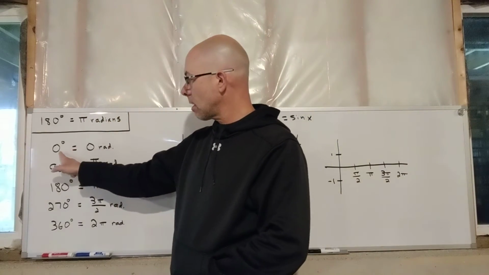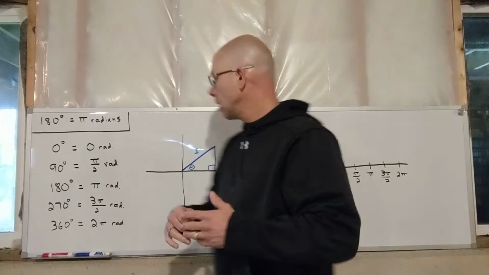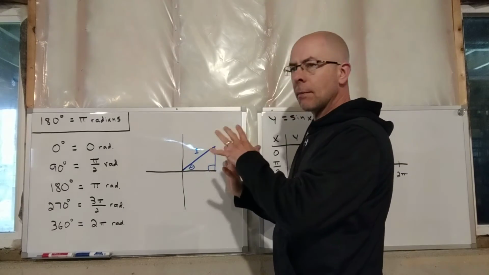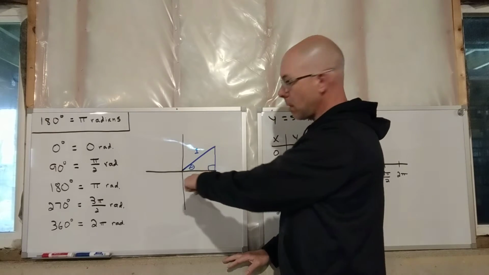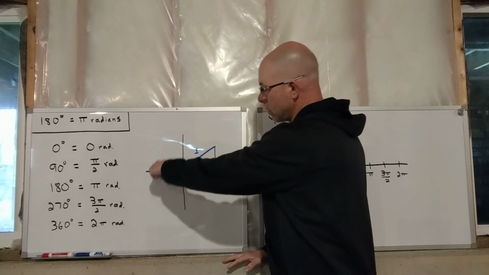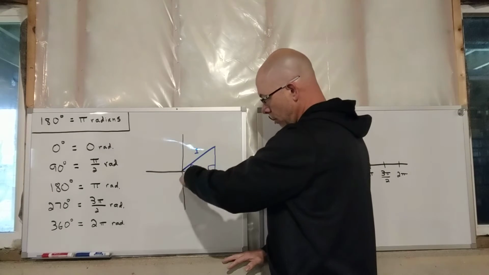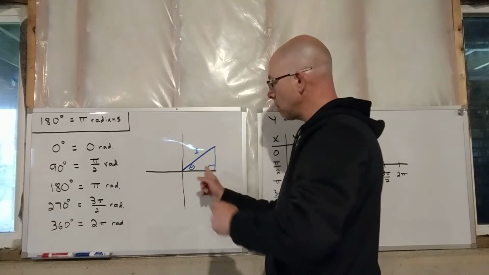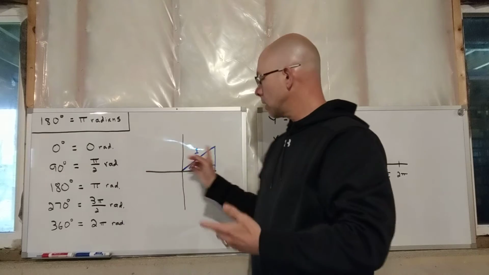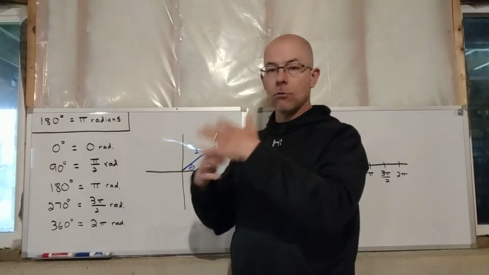Now you're going to notice I picked some of the really nice degree measurements, like starting out at 0 degrees. I want you to think about a little coordinate plane with a triangle, and about rotating around in a circle, 360 degrees, through quadrants 1, 2, 3, and 4. In each quadrant I could draw a right triangle.